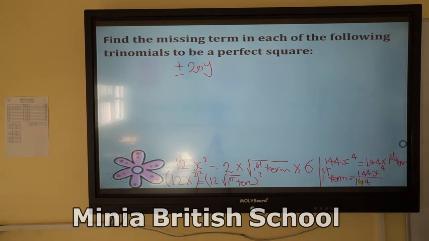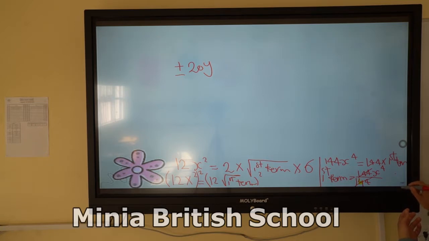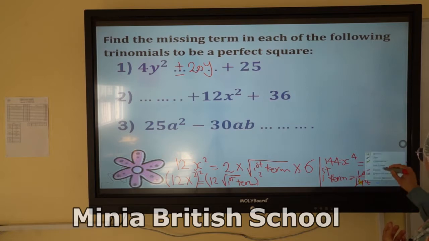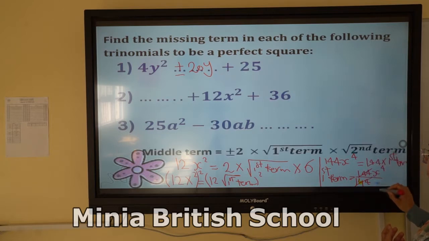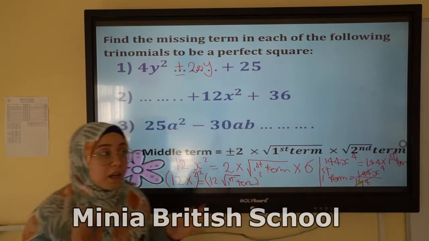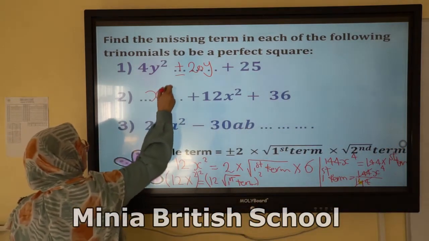You can simplify 144 with 144, so the first term equals x power 4, okay? So the first term here equals x power 4.